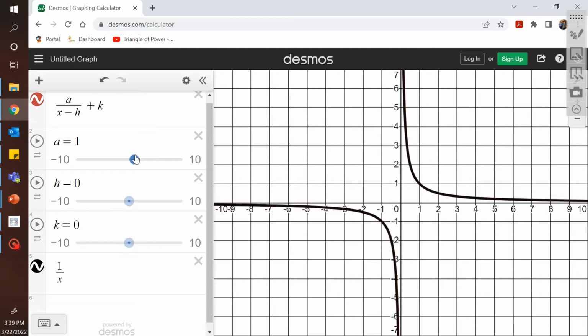Now the A value is actually what I want to talk about here. So right now A is 1, but let's move A to like 3, for instance. Well, look what happens to the graph. It's the red one. Well, the graph hasn't actually been shifted up or down. However, the points are different.